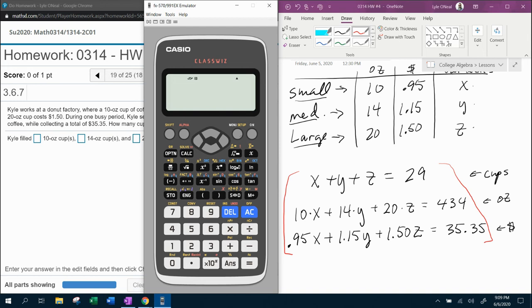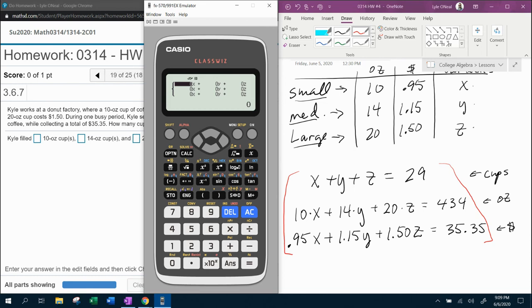We're going to use technology to solve. So we're going to go to the menu on the Casio ClassWiz. We're going to scroll down to the equation/function option and hit equals. This is a system of linear equations, so we're going to choose option number 1. And the number of unknowns, X, Y, and Z, makes 3 unknowns.